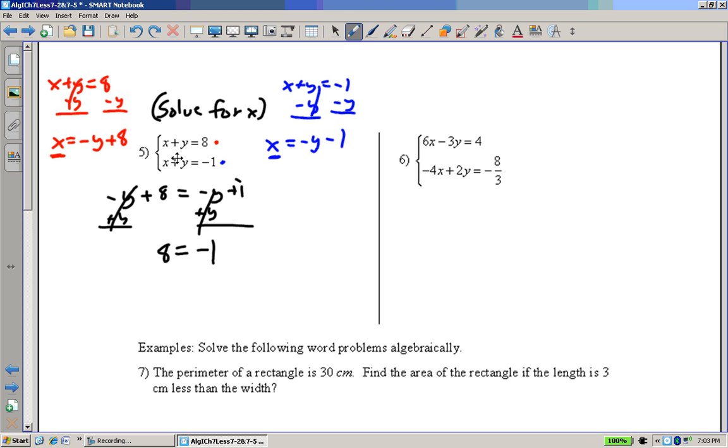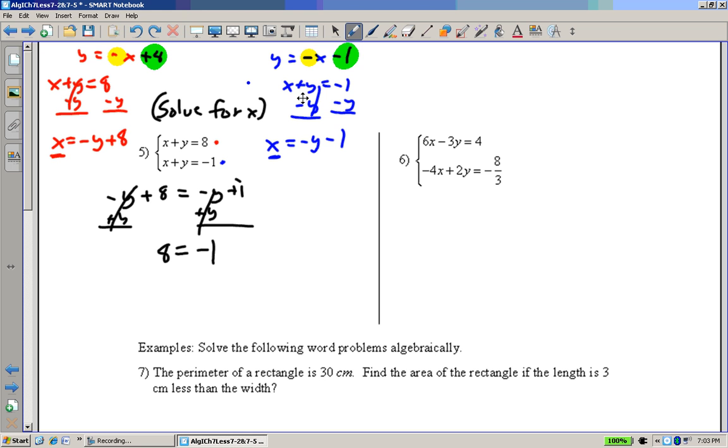If you were to go back and put these in slope-intercept form, you're going to find that in the red equation you have y equals the opposite of x plus 8. The blue equation, you would have y equals the opposite of x minus 1. Now you'll notice that the slope, think graphically from the lesson yesterday, the slope, negative 1, is the same, but the y-intercepts are different.